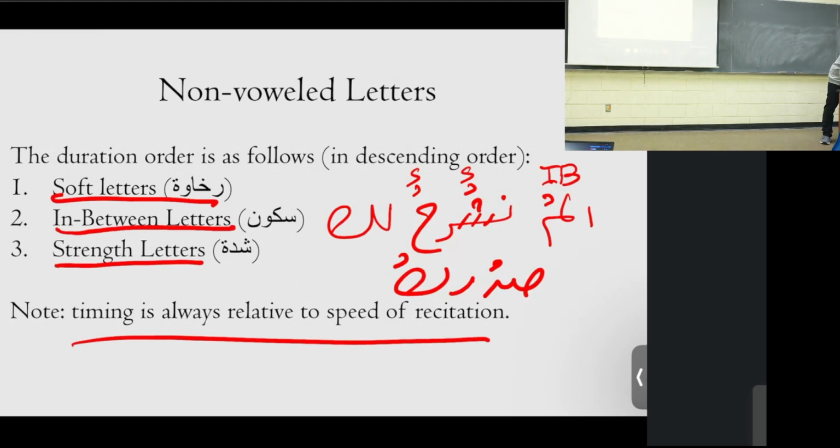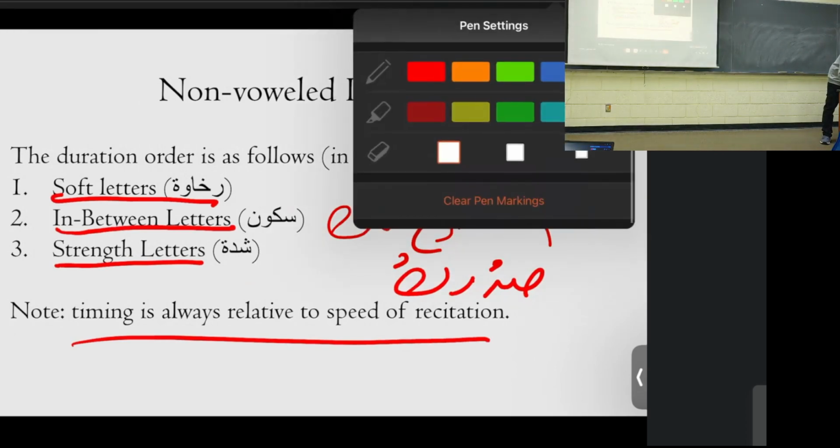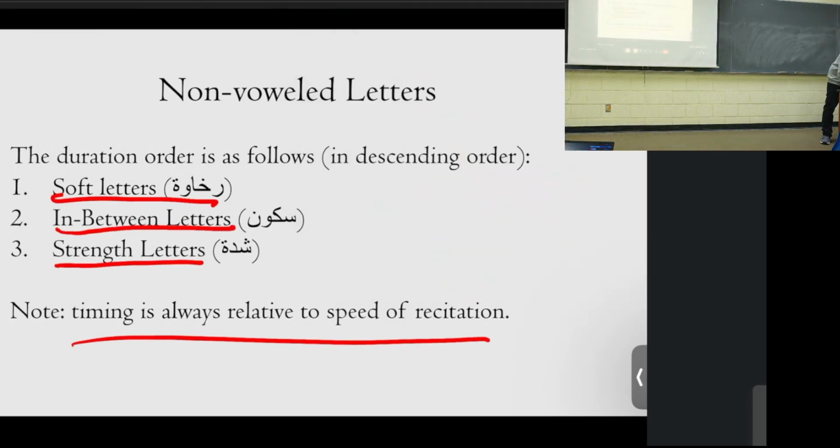Okay, let's do one more ayah from Surah Al-Sharh as well, and let's go through it. Okay, so the ayn is sukoon. So question is, is ayn a soft letter, in between letter, or a strength letter? Ayn.